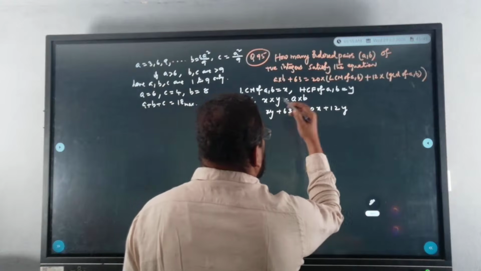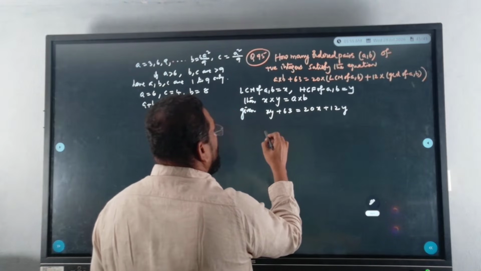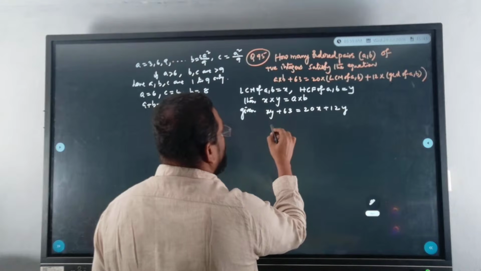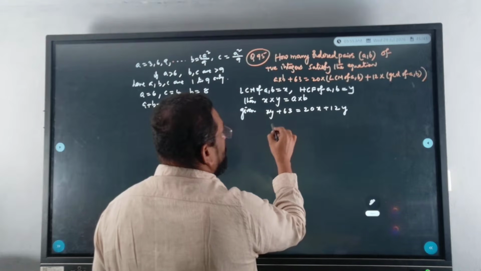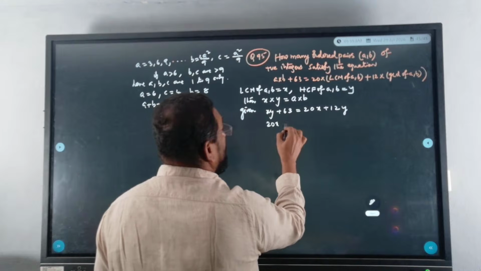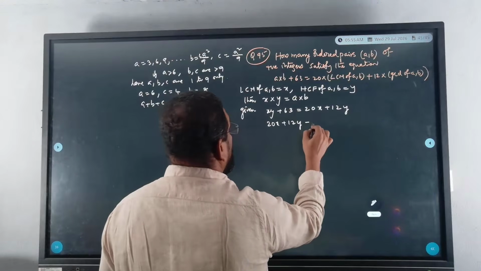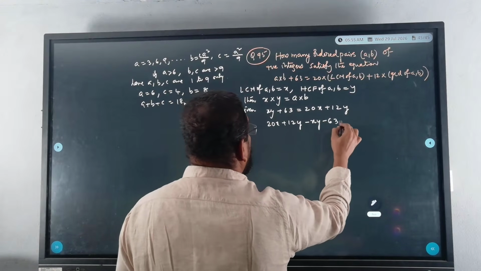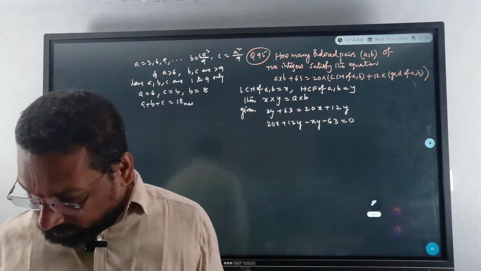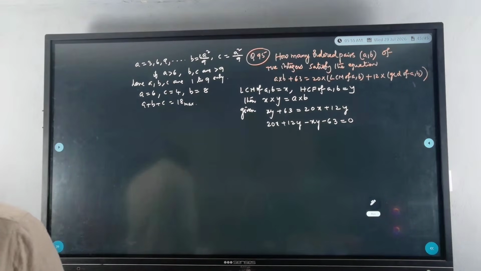So if you transpose into the RHS, see what happened here: 20x + 12y − xy − 63 = 0. Now it is to be factorized.